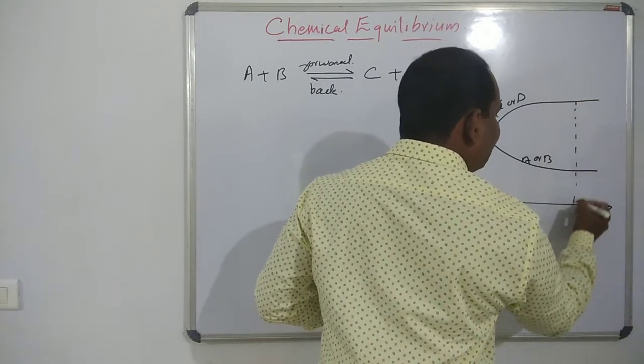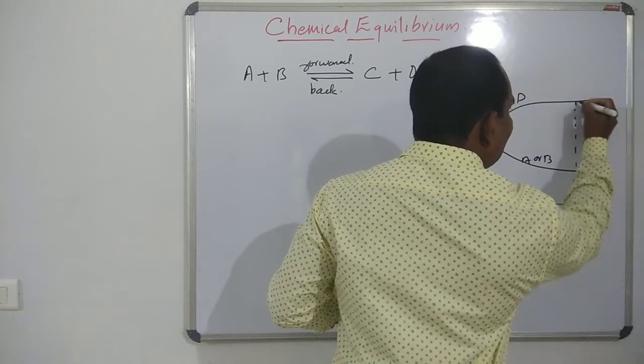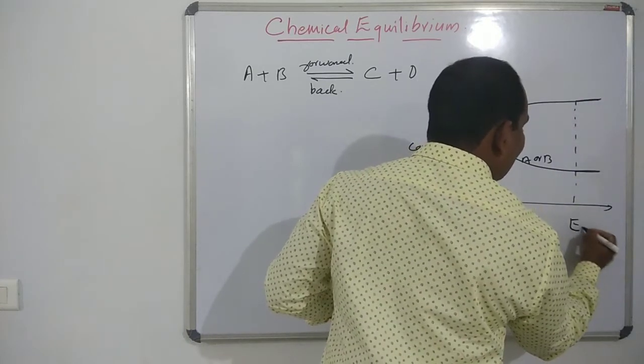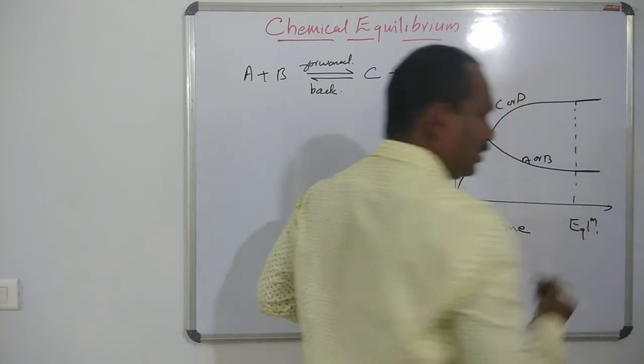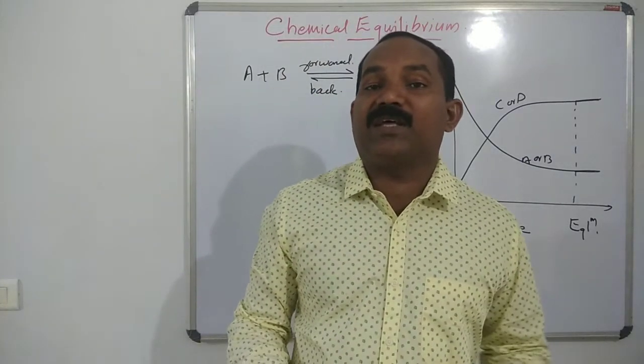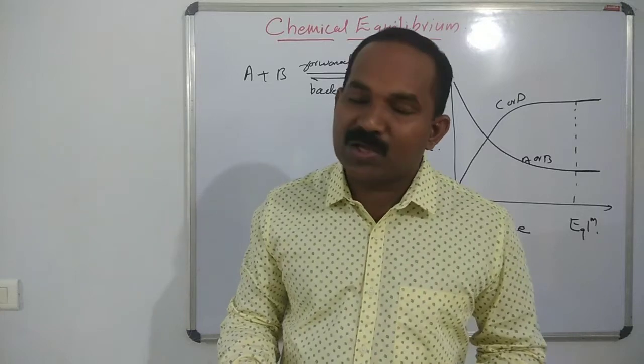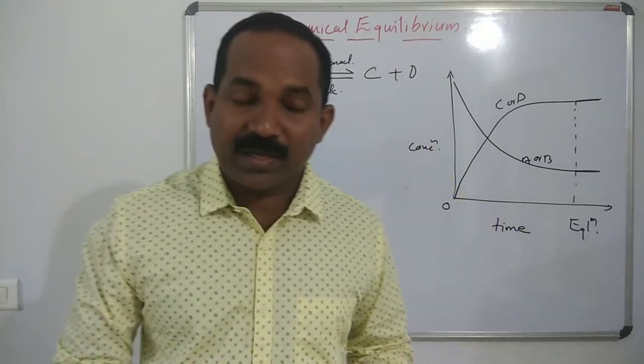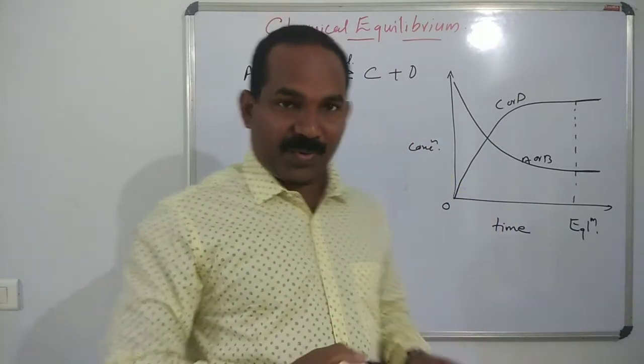After reaching the equilibrium, the rate of the forward reaction and the backward reaction are the same. When the rates of the backward and forward reactions are the same, we can say that it reaches an equilibrium. Are you clear? So this is a chemical equilibrium.